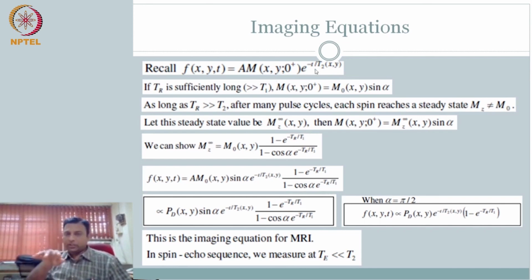So this is your signal that you are recording in the transverse plane, right? So minus t with a time constant here. But if TR is sufficiently large, which we saw before, then no issues. This essentially becomes your M naught, that is your equilibrium value, times sine alpha.